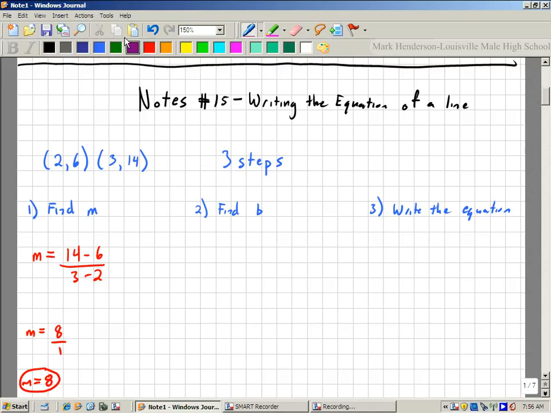Secondly, to find b, we use the m we found. And then I need an x and a y. Where do I get those from? Alright, does it matter which point I use?